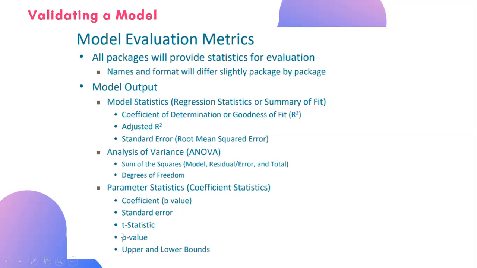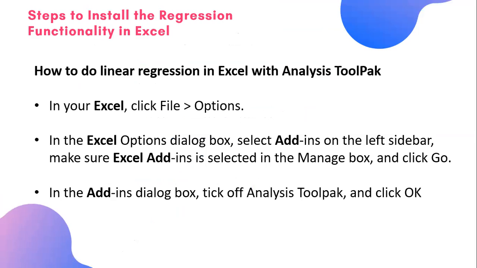The ones that I want you to focus on for this class are the p-value and the adjusted R-squared. These are the 2 variables that I really, really want you to focus on. Two slides ahead, I will be talking to you a little bit more about the adjusted R-squared and the p-value.